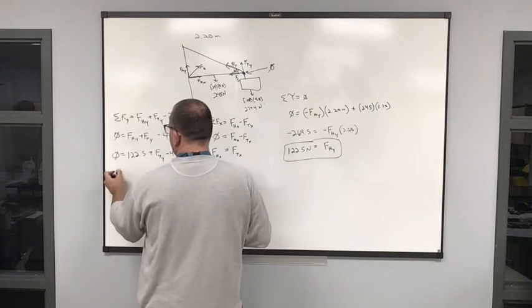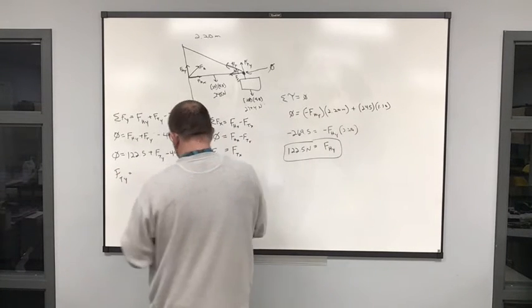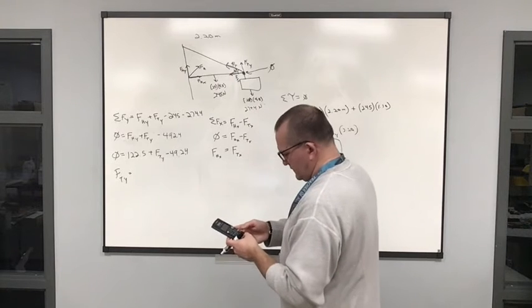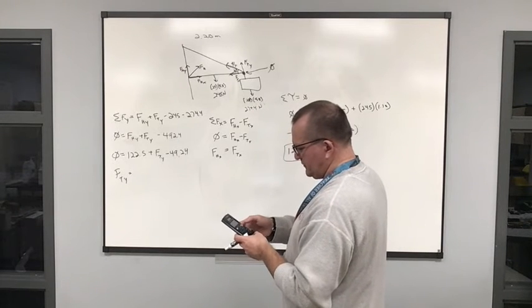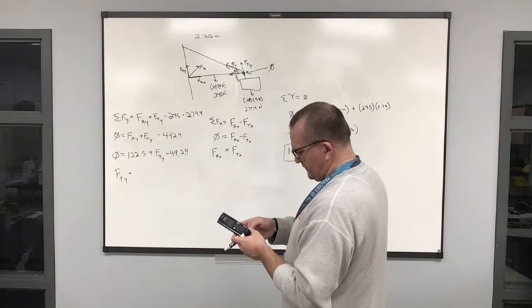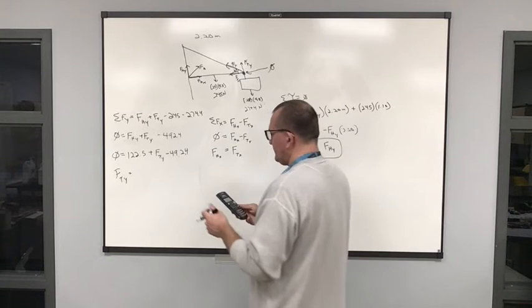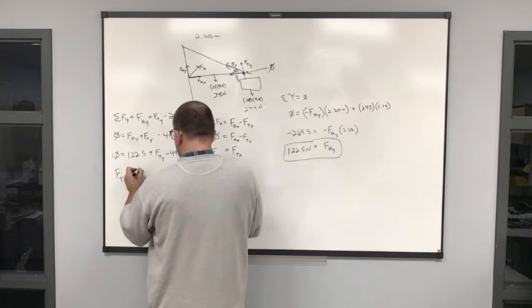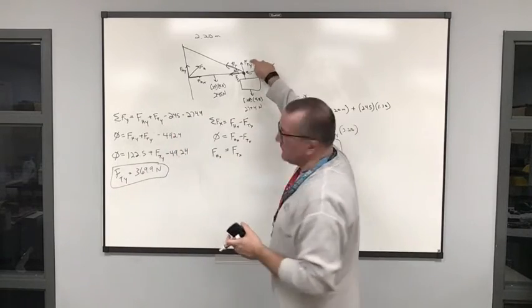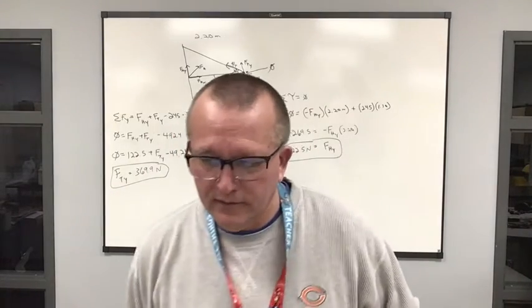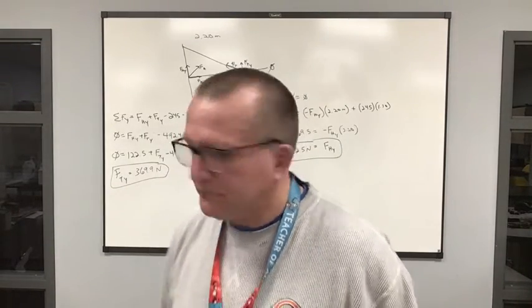Solve for F tension of y: 122.5 minus 492.4. F tension of y is 369.9 newtons. So now I found the y component of my tension force.